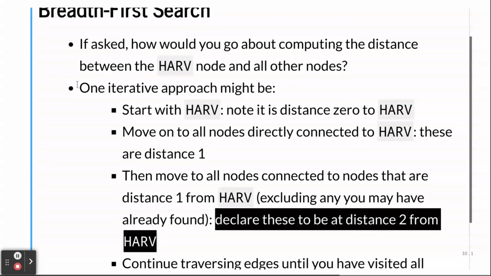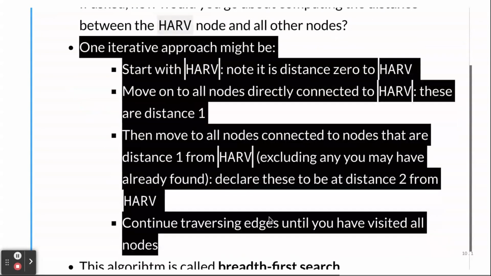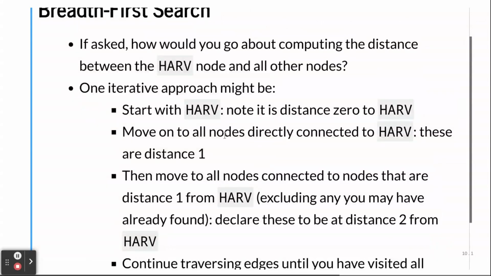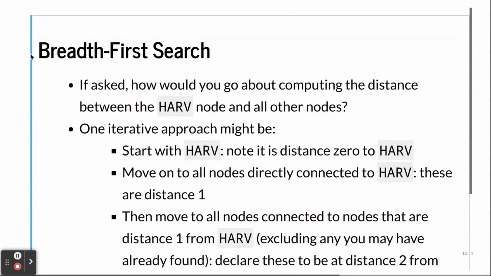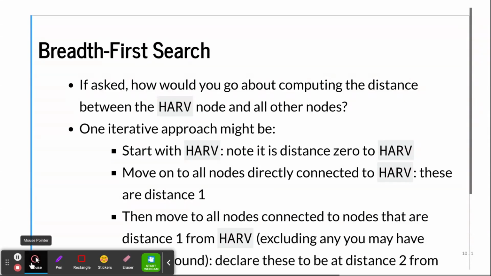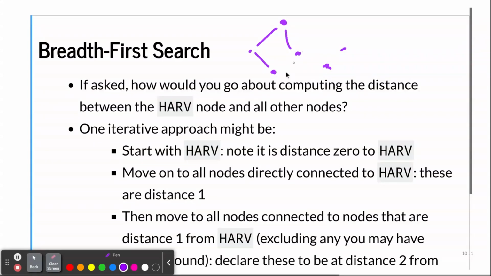Now, this algorithm or approach right here is well known, and it's actually called the breadth first search algorithm. And the reason for that is, suppose you have a network where you want to start from some node and then consider all of the possible distances.